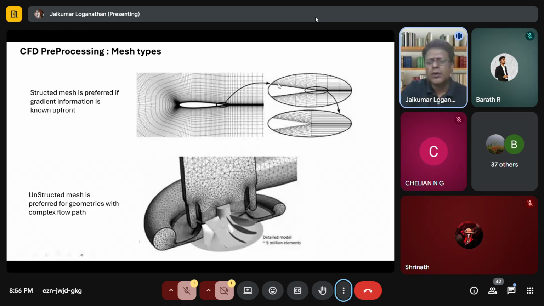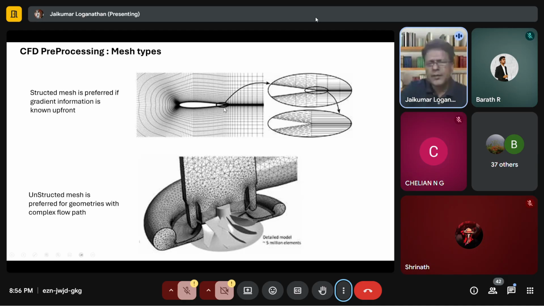So you have this liberty to create this kind of meshes, because you have some idea about how the gradient is going to look on this airfoil. So that's where the structured mesh will help you, and you can enormously reduce the mesh count, because the higher the mesh count, the higher is the time taken to solve that solution, right?